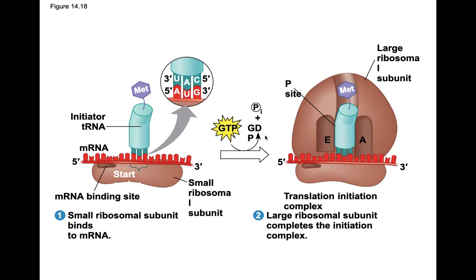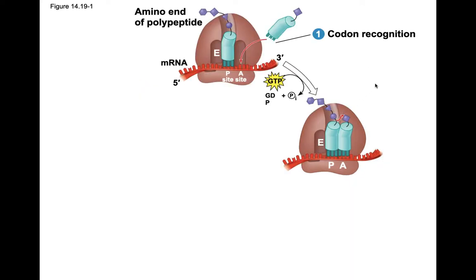We're going to use some GTP to have this attachment occur, because GTP is a form of energy, which means it can make proteins change shape and initiate functionality. The GTP is then going to be used to attach another tRNA molecule based on the anticodon and codon regions.